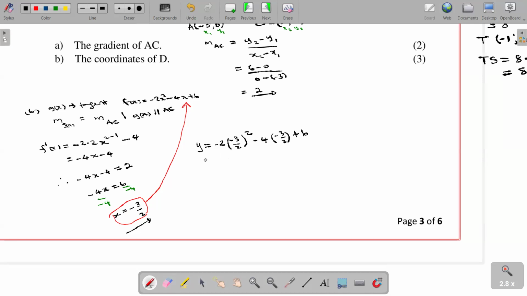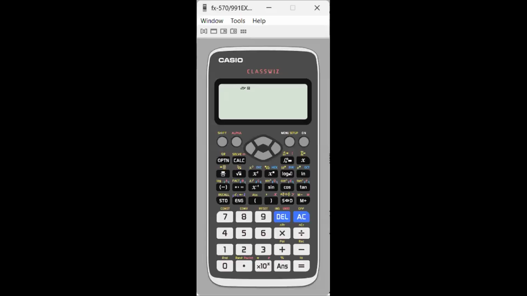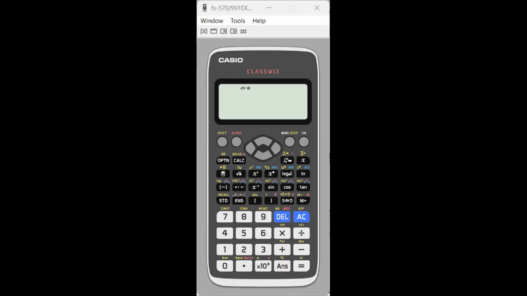If you go to the calculator, you would realize that your y is going to be equal to, okay, let's utilize the calculator. Let's try to use the calculator. Okay. Perfect.